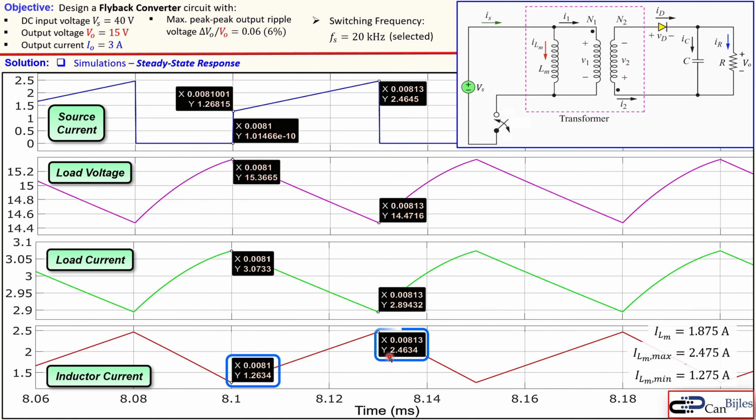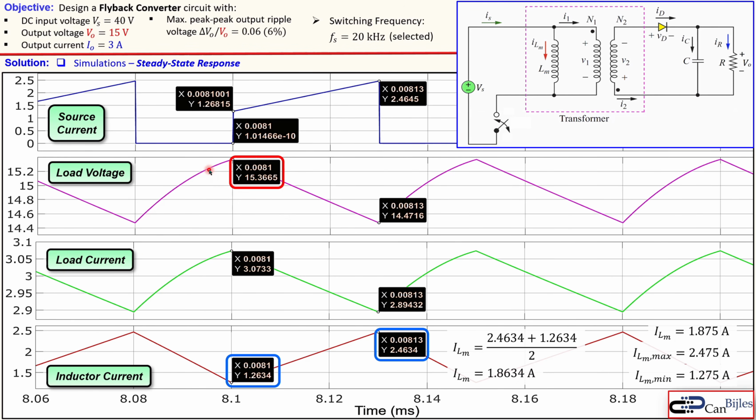You see the maximum, it is 2.4634, which is also very close to that one. So that's really nice. You can also actually look at the average by taking the maximum and the minimum together and divide it by 2. That will result in 1.8634 amps, which is also very close to what we see here.